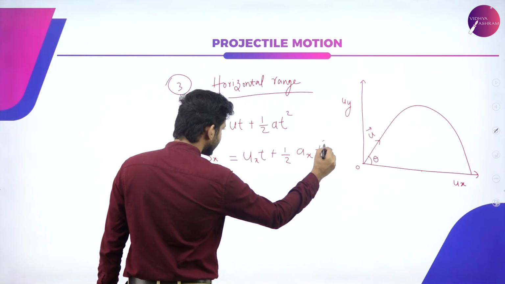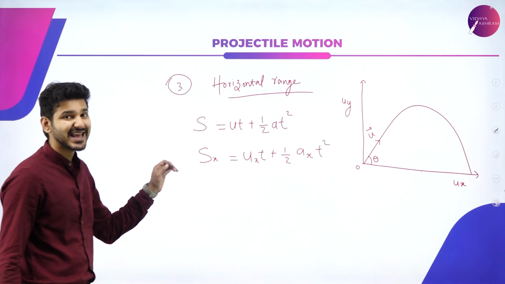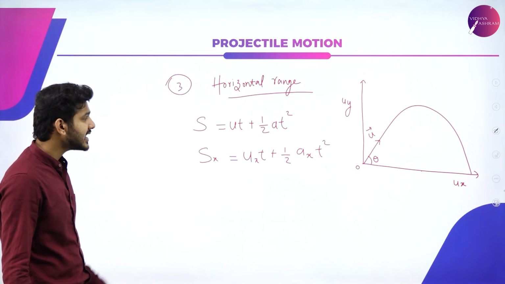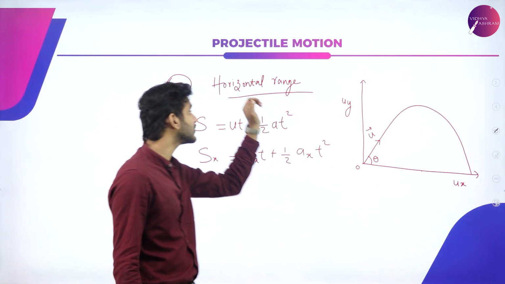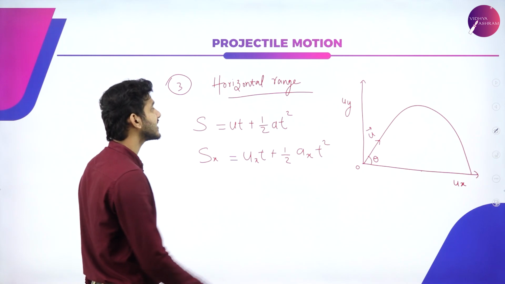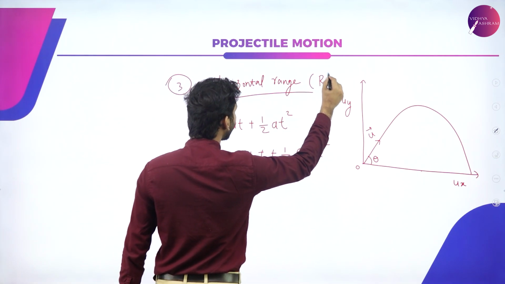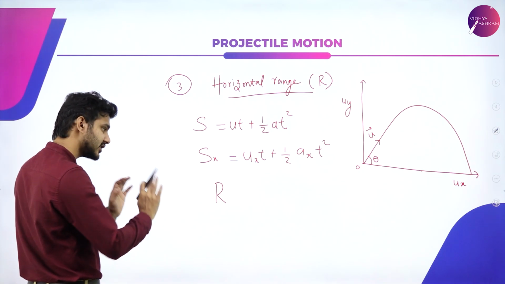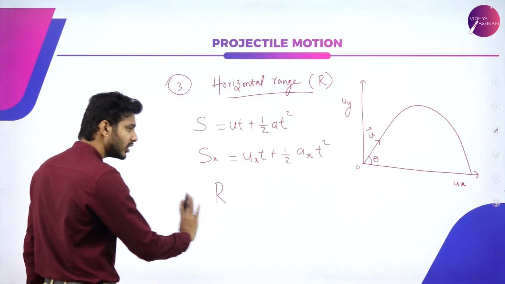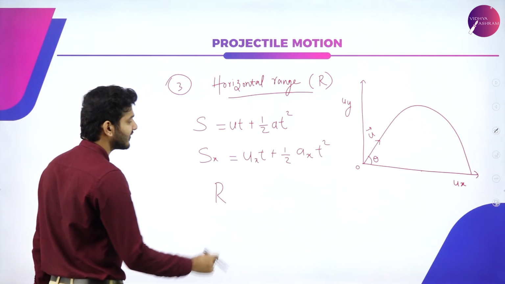ax t square. Now what is Sx, or simply the displacement in this particular x direction? That is what we are measuring, and that is the horizontal range R. So I'm going to write this S as R, the horizontal range, how far that particular object is traveling.